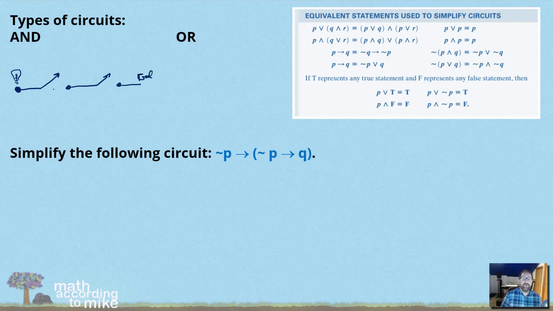It has to go through the first gate and the second gate. So when you have a circuit where one follows directly after another, that's an AND gate.